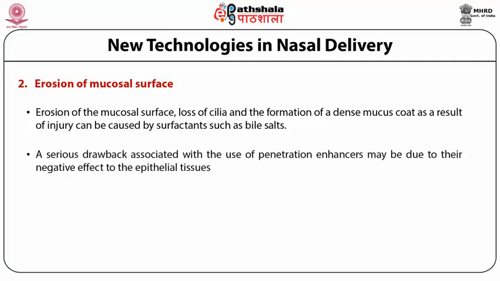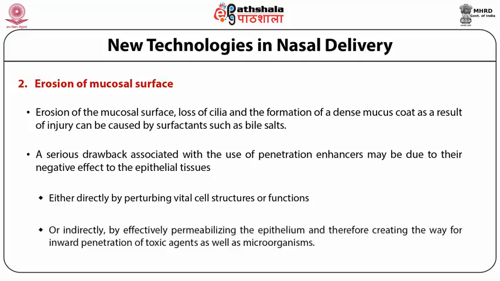A serious drawback associated with the use of penetration enhancers may be their negative effect on the epithelial tissues, either directly by perturbing vital cell structures or functions, or indirectly by permeabilizing the epithelium and therefore creating the way for inward penetration of toxic agents as well as microorganisms.